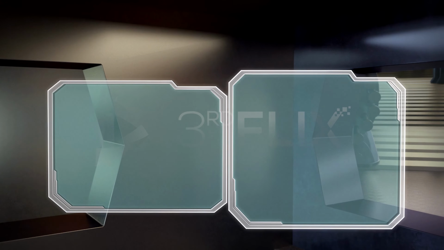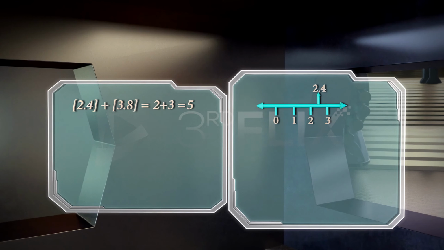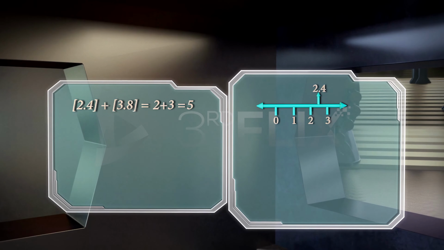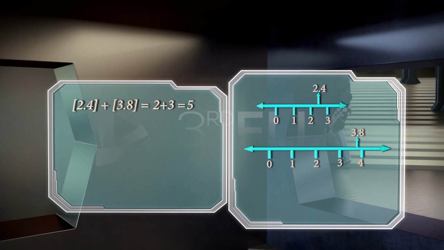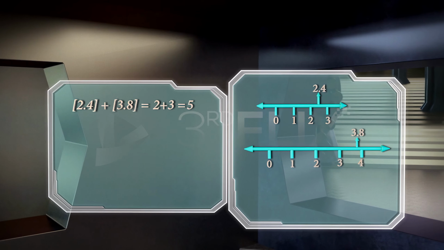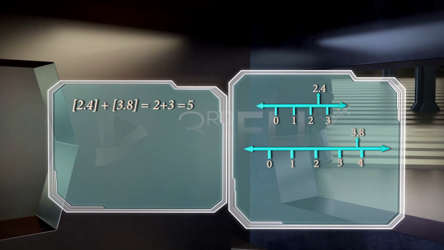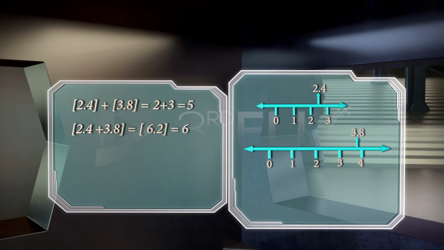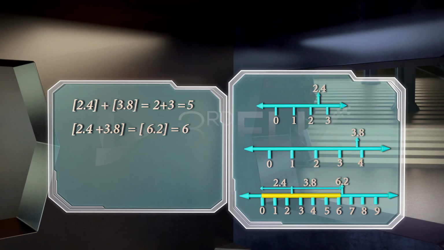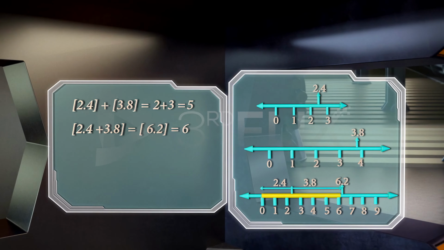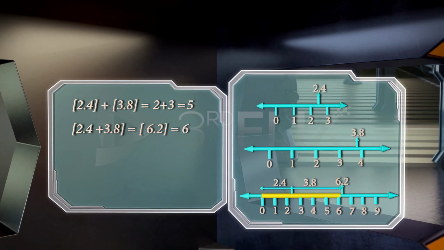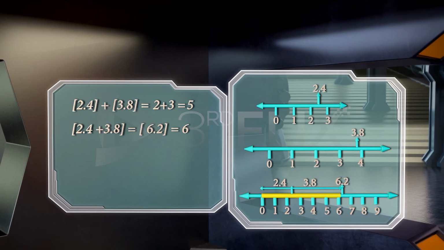Greatest integer function of 2.4 plus greatest integer function of 3.8 equals 2 plus 3 equals 5. Greatest integer function of 2.4 plus 3.8 equals greatest integer function of 6.2 equals 6.